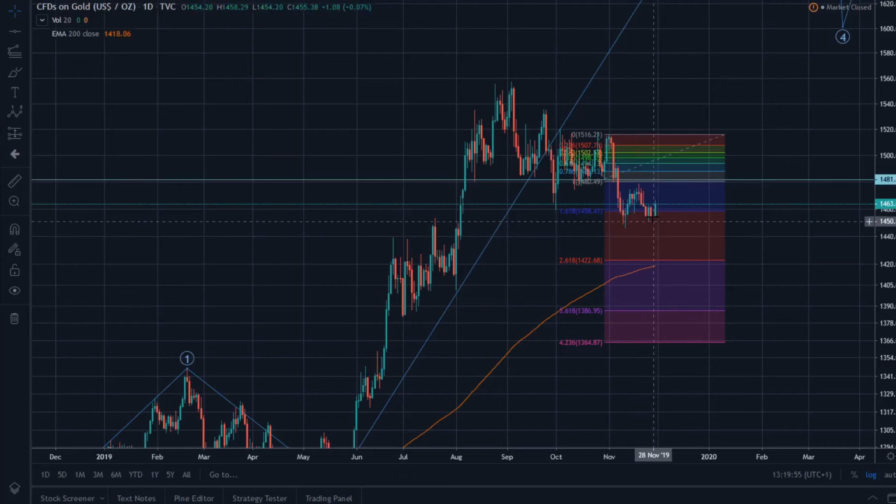And this ABC should lead somewhere up, maybe to this 1,480. I mean, it bounced there once, and this could be in form of a flat correction. So it could obviously just go one more time up to 1,480. And then move down.